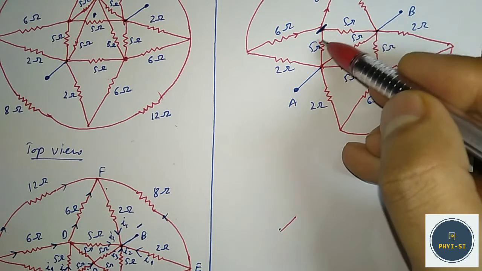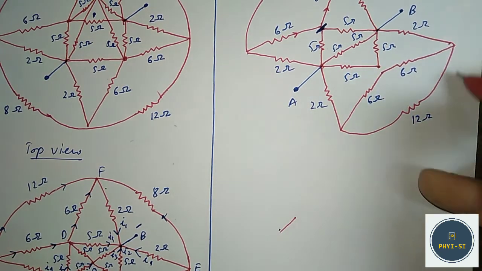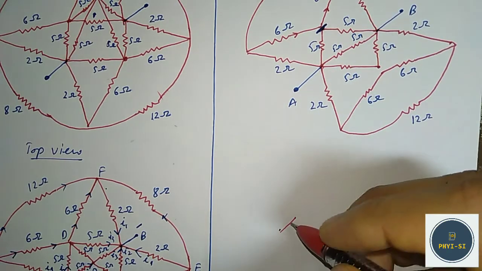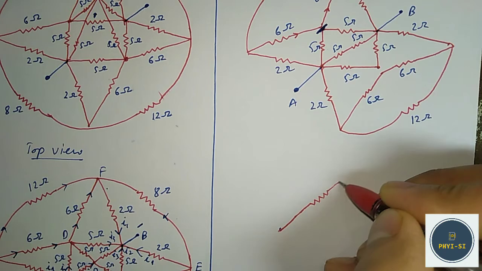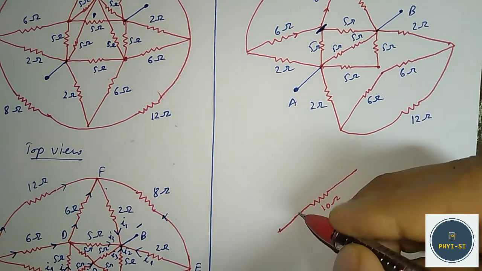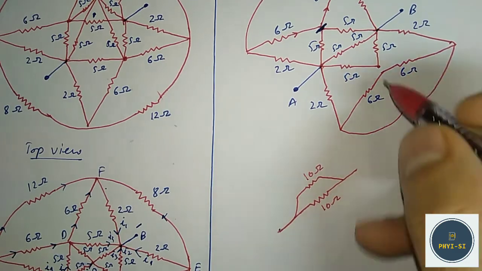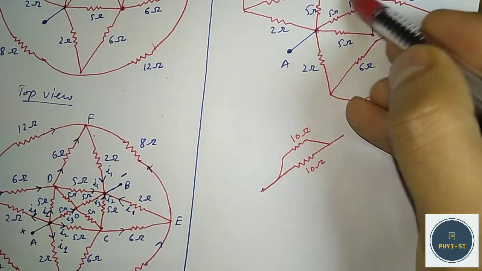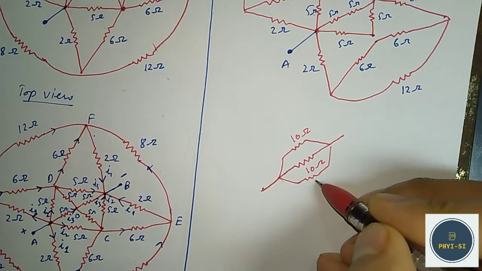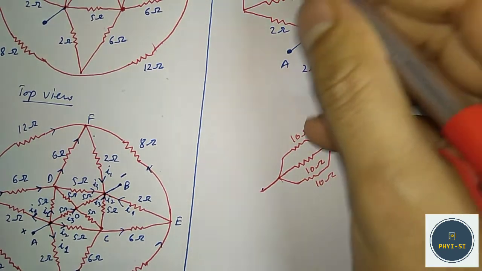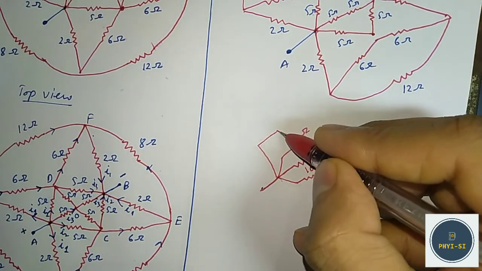Here the resistance is, these 5s are in series, and here the resistance would be 10. So we have this type of circuit. Look, 10 ohm for this, 10 ohm for this, 10 ohm for this, and here the overall equivalent resistance is also 10 ohm.